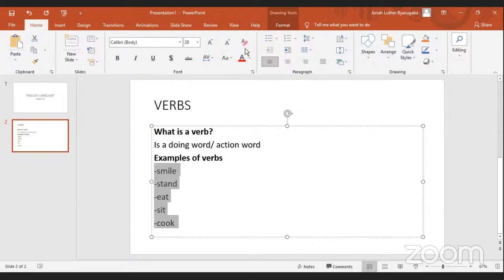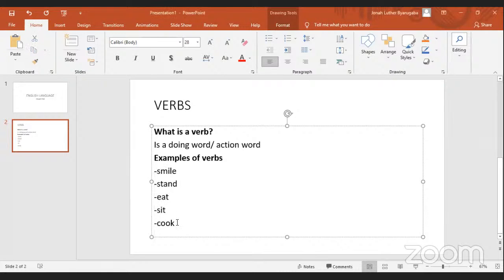Where are others? Kyra, Charlotte, I am waiting for you to give me the list of 5 verbs. Someone has already written in the chat. Beautiful. This is Stacy, right? Very good. Write is also a verb.